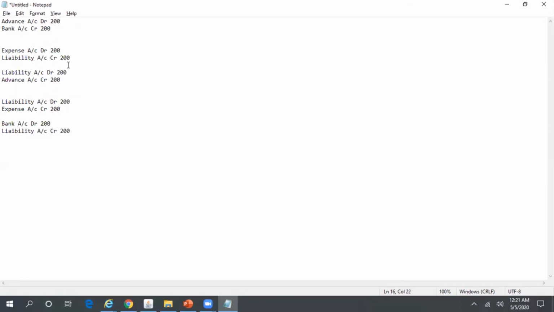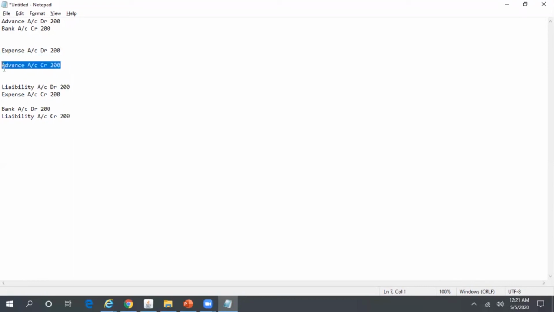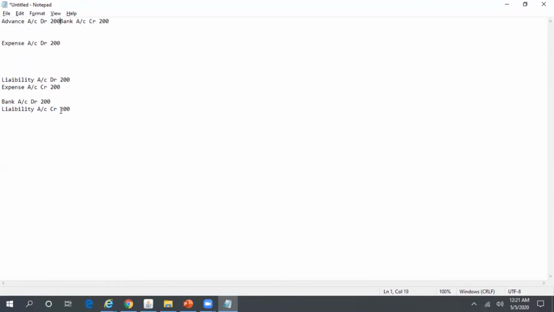So if you look at the total net impact, here these two are knocked off, and then this is knocked off with this, and then again this is knocked off with this. So get rid of this too.